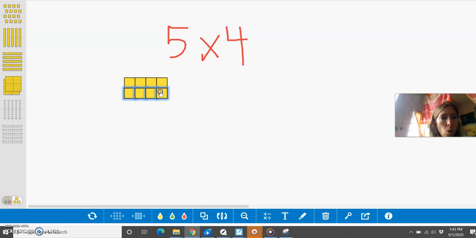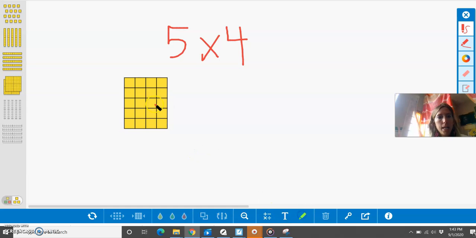So not 1, I need more than that. So there's 3 times that amount. Here is 4 times that amount, and 5 times that amount, okay? So I have the 5 by 4, which gives me a total of, I could count by 5s to get there if I wanted, or I could do 10 times 4 is 40 and take half that.